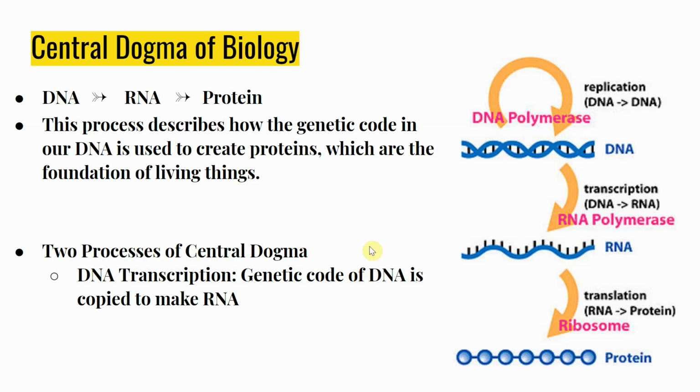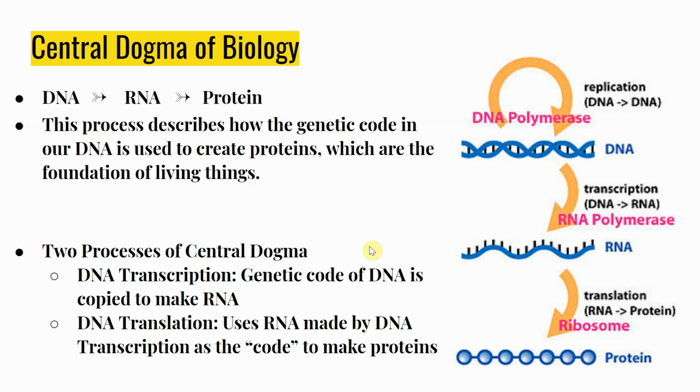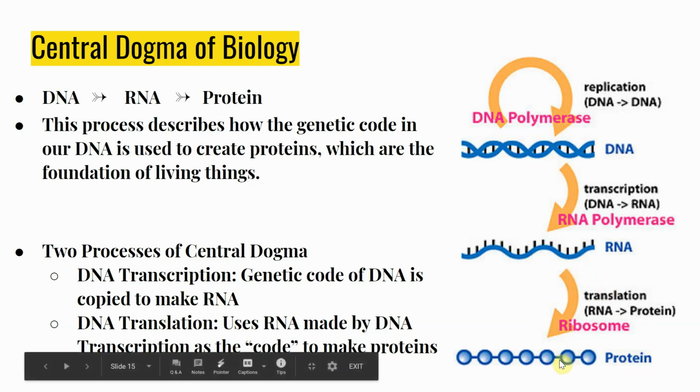And then the second part of our central dogma is what we call DNA translation. What we're going to do is use this RNA that we just made in DNA transcription as the code to make proteins. So we took the genetic code that was in DNA, we copied it onto this molecule called RNA, and then we're going to use this molecule of RNA to serve as our code to make this molecule of protein here.